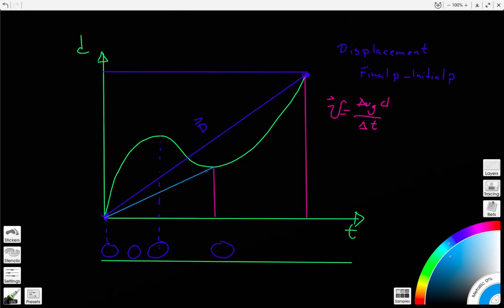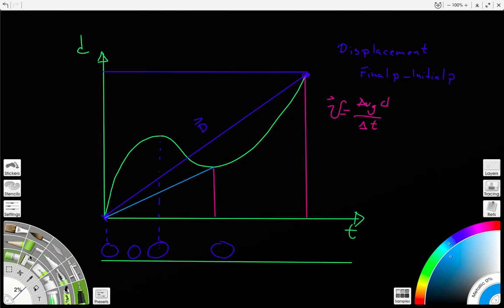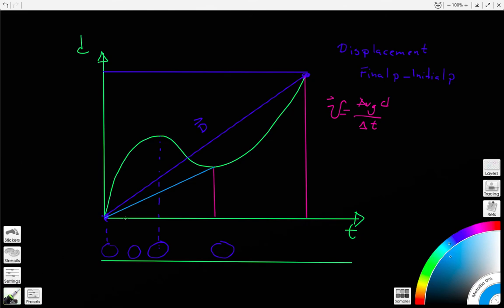If I keep reducing my interval of time, so this first interval, here let me erase this so that frees up some space. Oh wait, that doesn't work. Okay, I'll figure out how to erase eventually, I guess. My first interval of time was from here all the way to here.